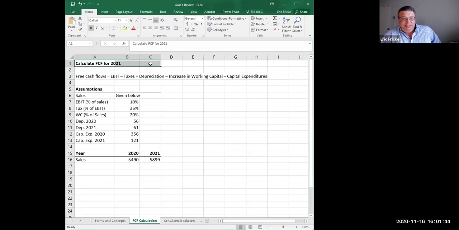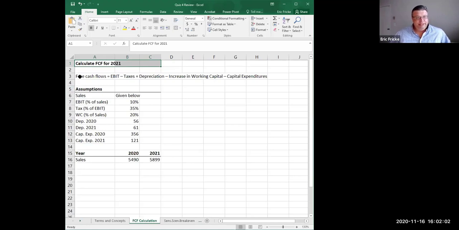If you have the spreadsheet, go ahead and use that and work through the problem. If you do not have the spreadsheet, I'll leave the spreadsheet up here and you just kind of look at it and go through in your head what steps you would take to solve this problem.